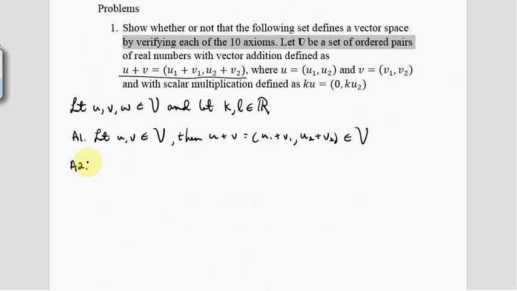A2, the associative property. So here we let u, v, and w be within this space.